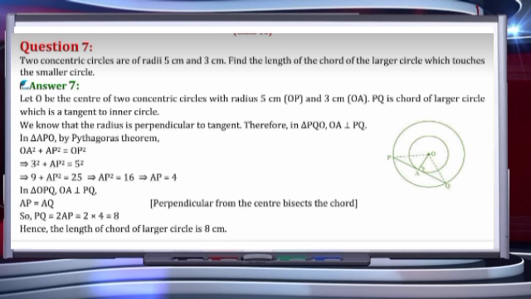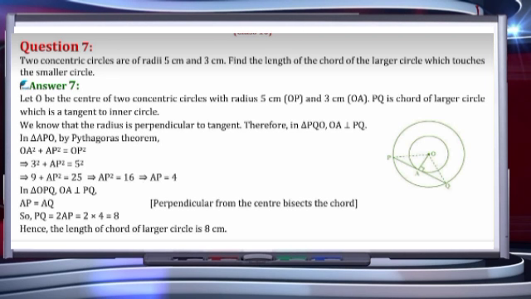Here PQ is the chord of the larger circle which touches the inner circle at point A. As we know, a tangent is always perpendicular to the radius at the point of contact.